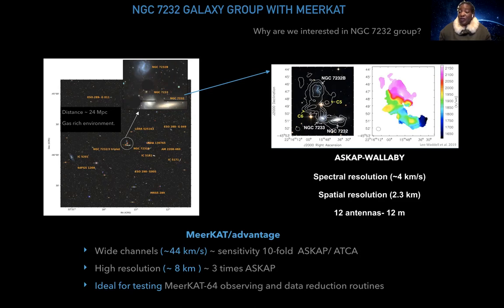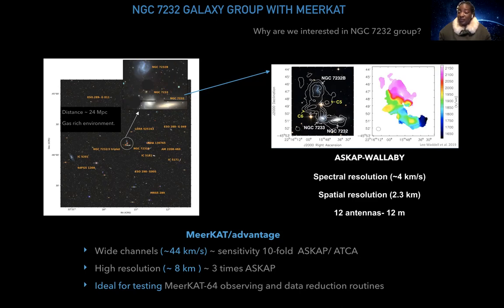The second reason why we decided to study this group is that it was recently observed with ASKAP, that is the Australian SKA Pathfinder. From these observations, they were able to hint at the possible presence of an HI bridge that should connect the galaxy triplet with its surrounding environment.